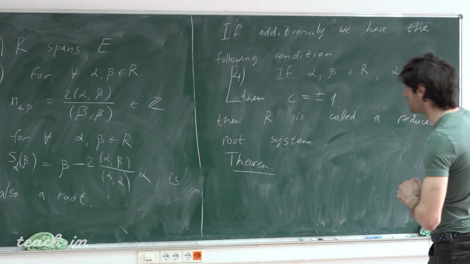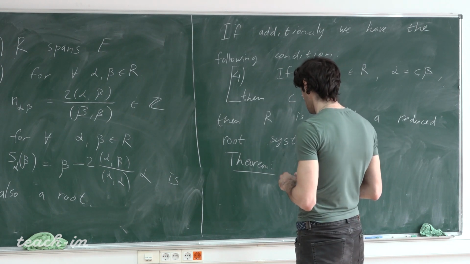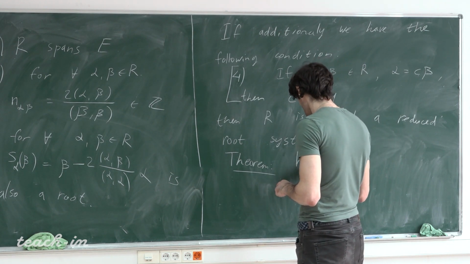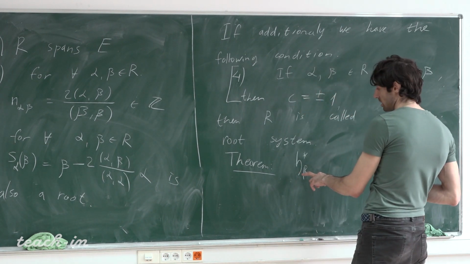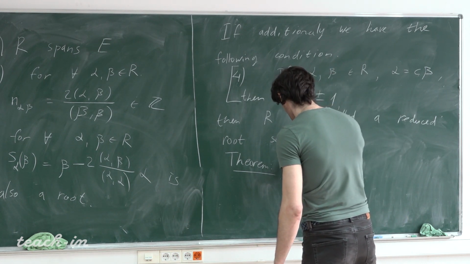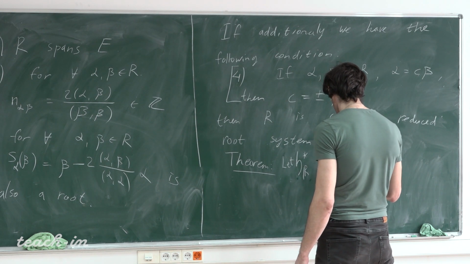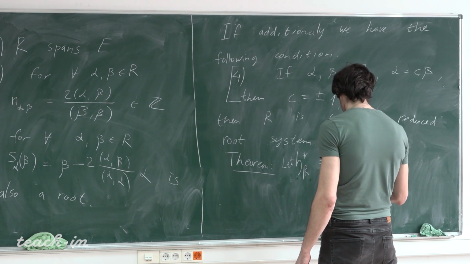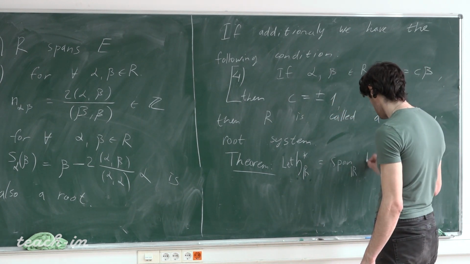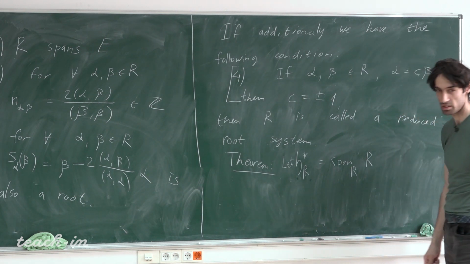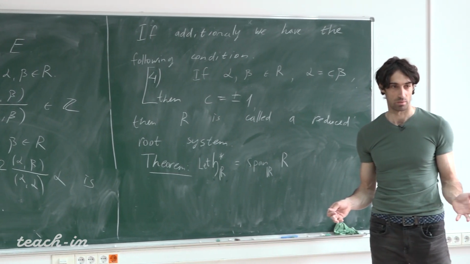So let me take H star R. So let this denote the span, and by the way, linear span, of my root system. So I take all the roots and consider the linear span of my roots.